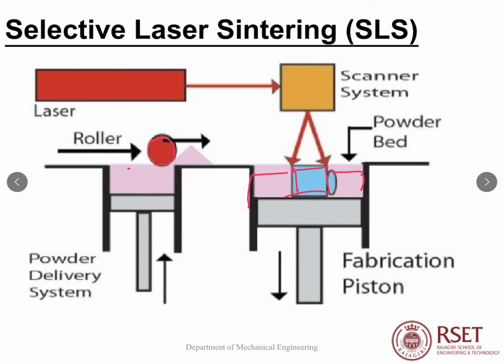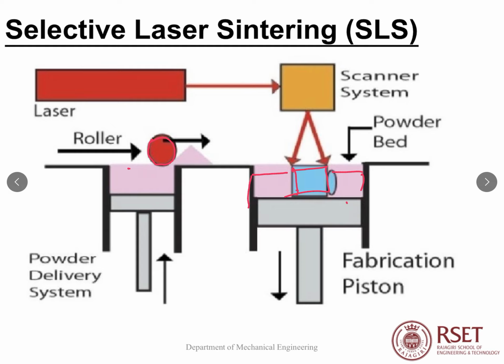The area where the laser acts gets sintered, or solidifies. When a layer is completed, the build platform moves downward, and the roller fills powder material over the previously built surface, and this process continues.